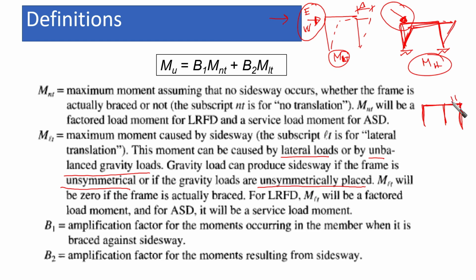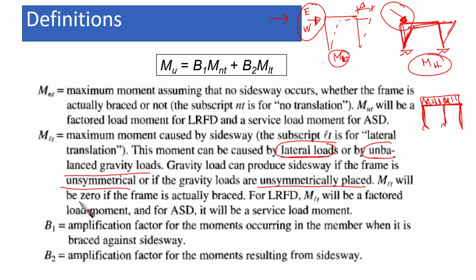So if we have symmetric gravity loads here, but the system itself is not symmetric, lateral effects might be developed in this case. So these are the two cases that we have: lateral loads, or unbalanced gravity loads, where gravity load can produce side sway if the frame is unsymmetrical or if the gravity loads are unsymmetrically placed, as I said here.